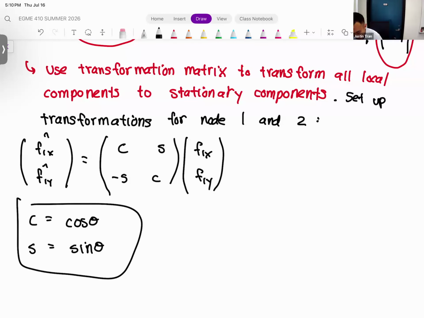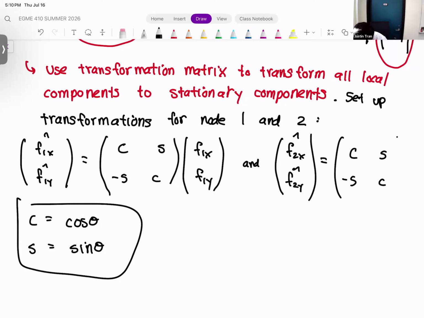And then we're going to do the same thing for node 2. So node 2 is going to be F2x hat, F2y hat is equal to C, S, minus S, C times F2x no hat, F2y no hat.